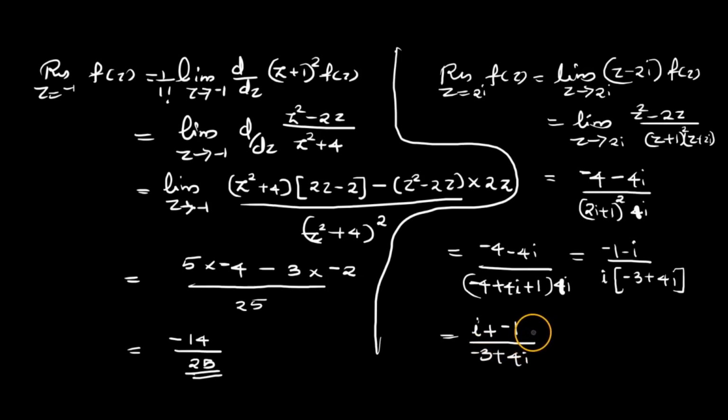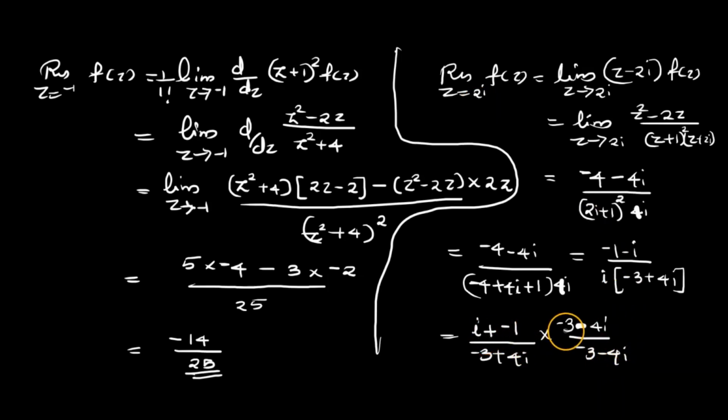Now we can take the conjugate of this. This is minus 1 plus i divided by minus 3 plus 4i. Using conjugate multiplication, multiply by minus 3 minus 4i divided by minus 3 minus 4i.